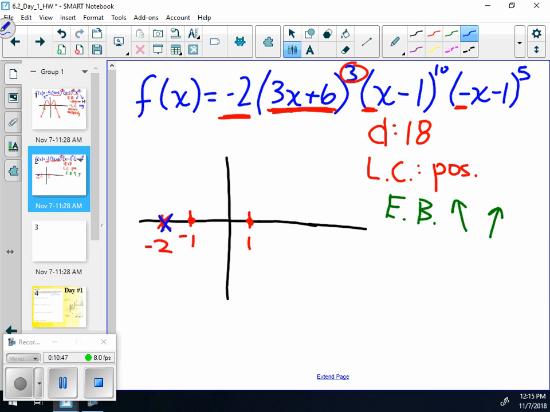All right, we have x minus 1, so that means our x equals 1 is to the 10th power, which is even, so it's going to bounce at 1. And then over here, for our negative x minus 1 factor, it's to the 5th power, so our multiplicity is 5, which is odd, so it'll cross at -1. Which means if we start up, we cross through this x, we cross through that, and then we bounce off of that last one, we'll get our graph.